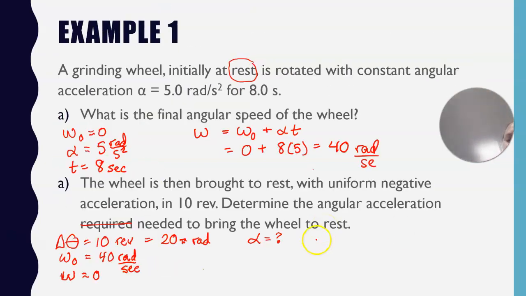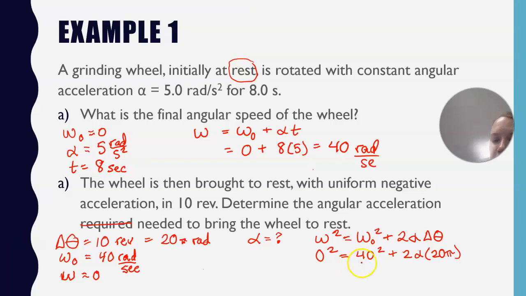So we'll say omega squared equals omega initial squared plus 2 times alpha times delta theta, the angular displacement. So we've got 0 squared equals 40 squared plus 2 times alpha times 20 pi. So it looks like we'll have alpha equal negative 40 squared divided by 2 times 20 pi.